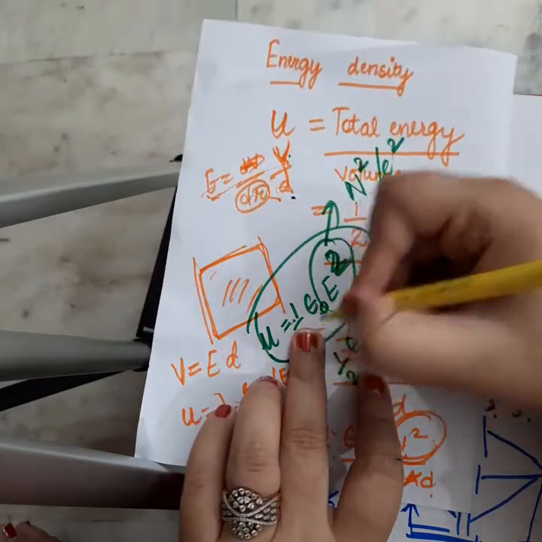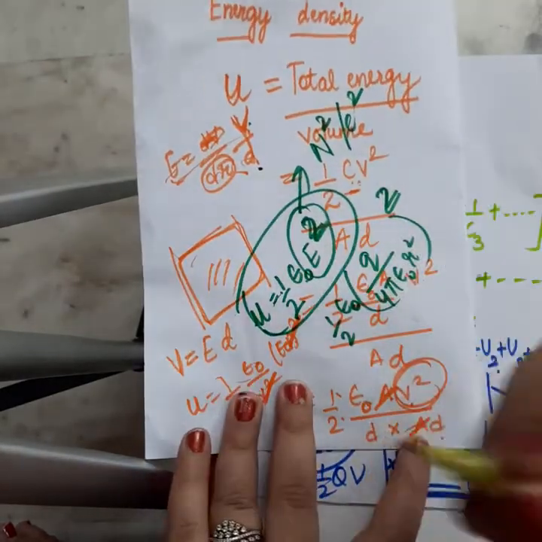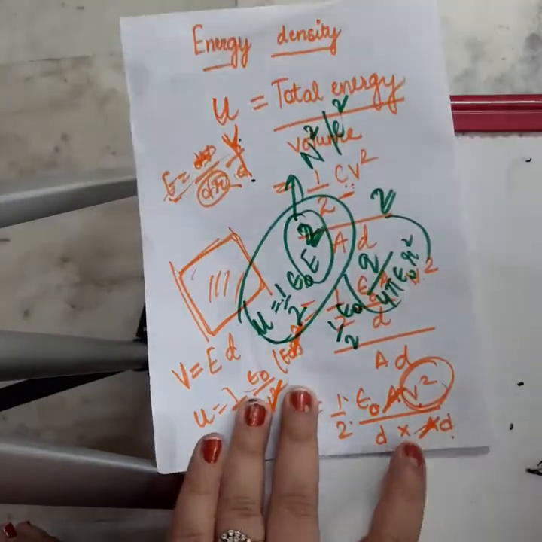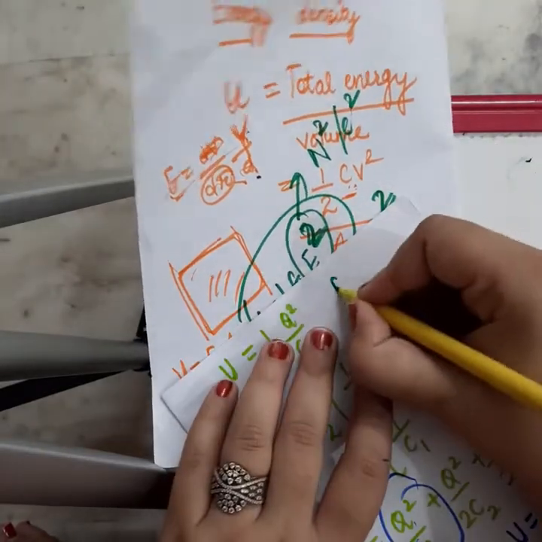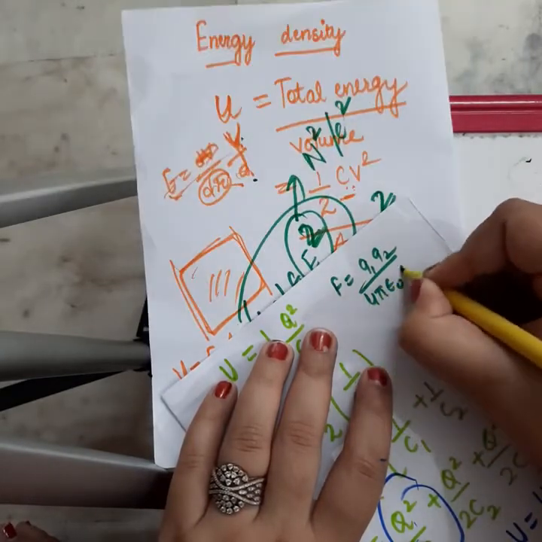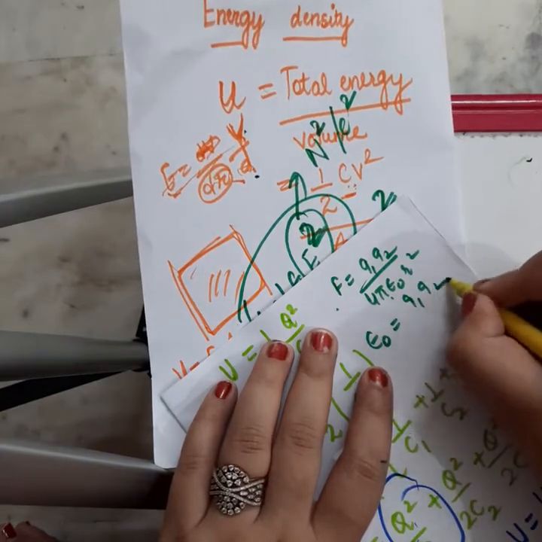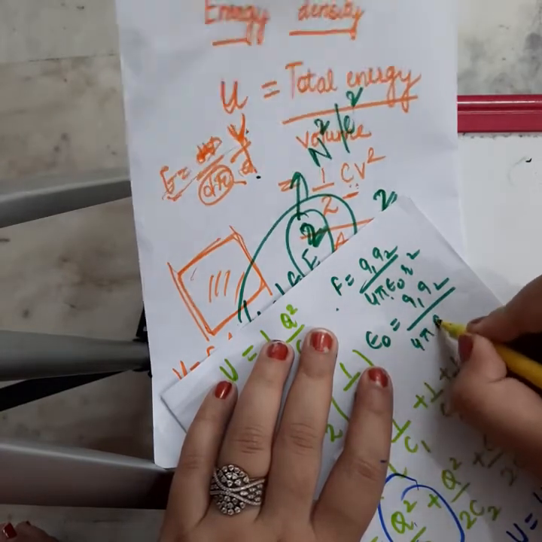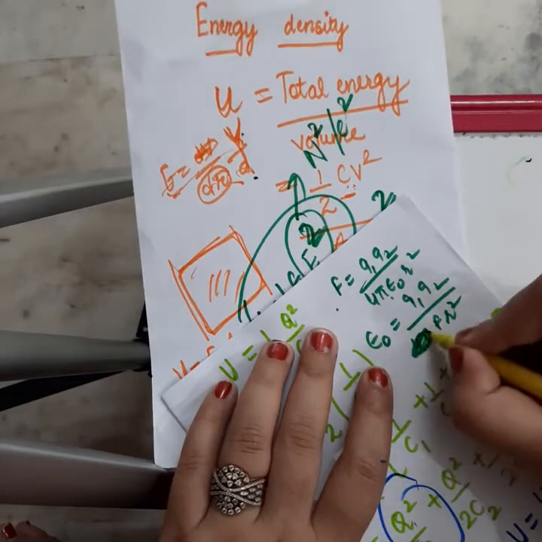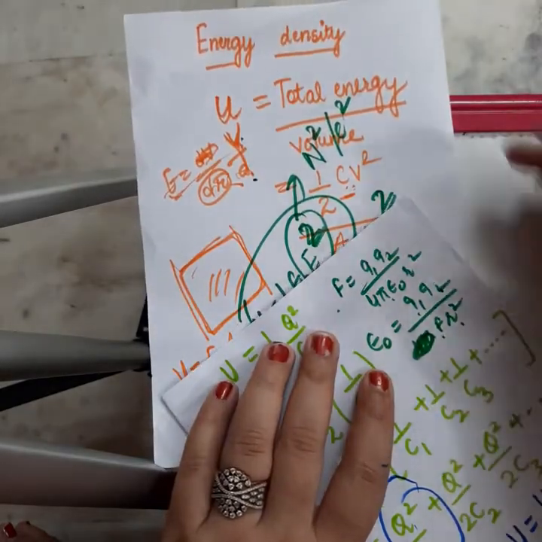And what about epsilon naught? If you don't remember the units, you know that F is equal to Q1 Q2 divided by 4 pi epsilon naught R square. Take epsilon naught over here: Q1 Q2 divided by 4 pi F R square. 4 pi has no units, so this will be coulomb square per Newton meter square.